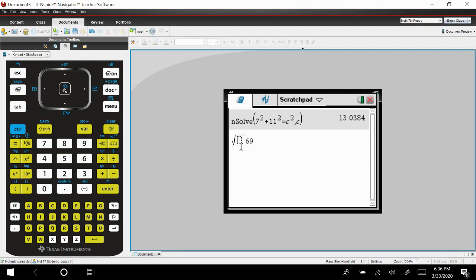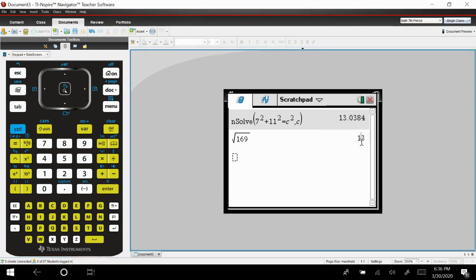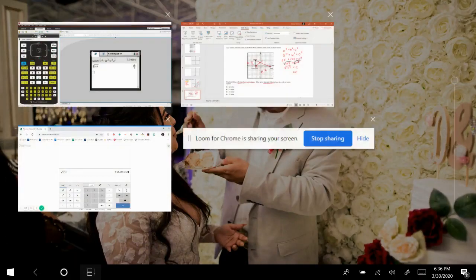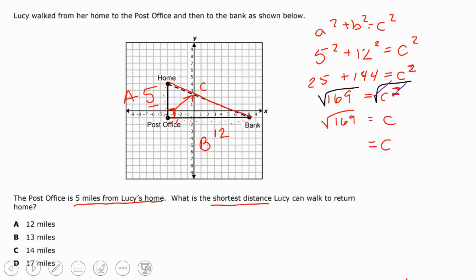Oops. That gives me 13 as my answer. So C is equal to 13. My answer here would be B.